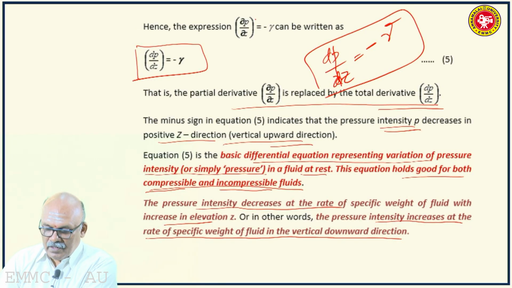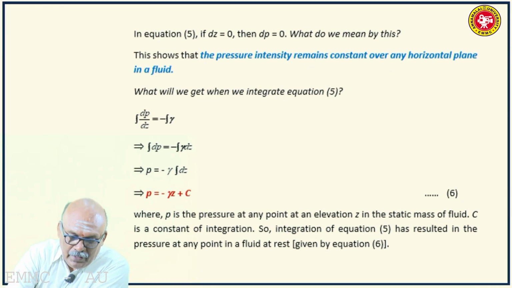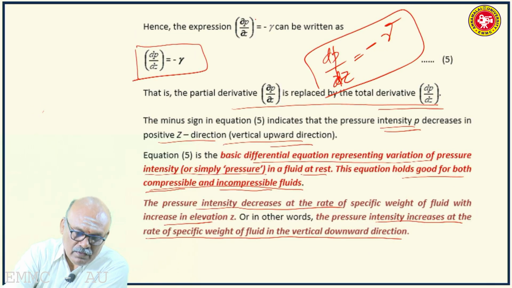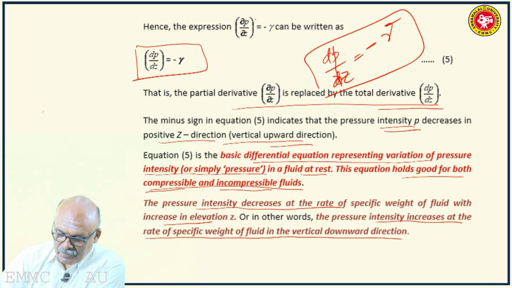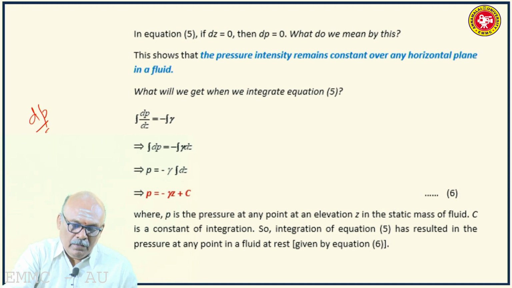Now again, let us analyze this equation further. So we have dP/dz, a very simple equation, dP/dz equal to minus gamma.